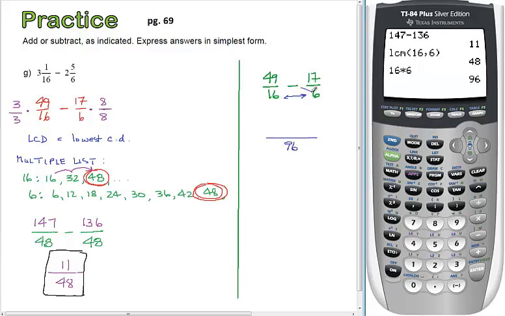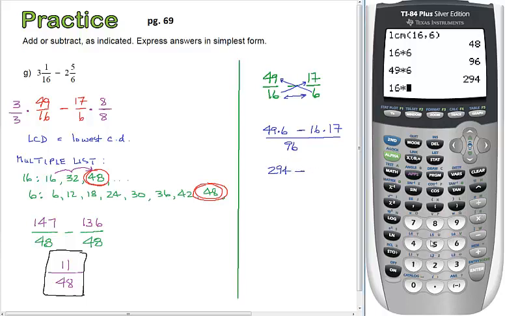Then multiply this by 49. So 49 times 6, subtract, and then 16 times 17. Okay, so 49 times 6 is 294, subtract 16 times 17, which is 272, over 96.